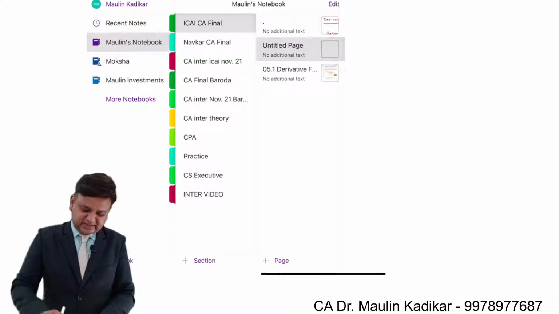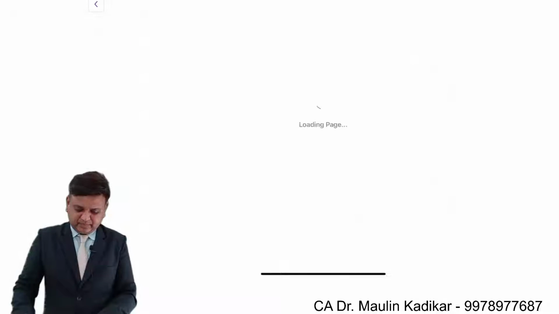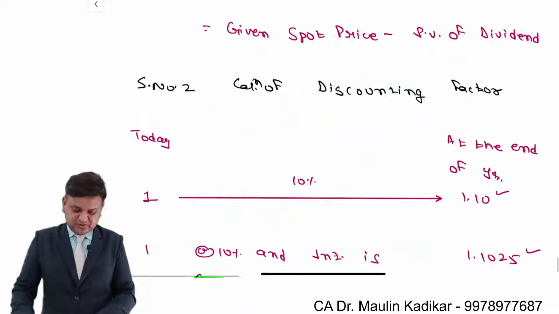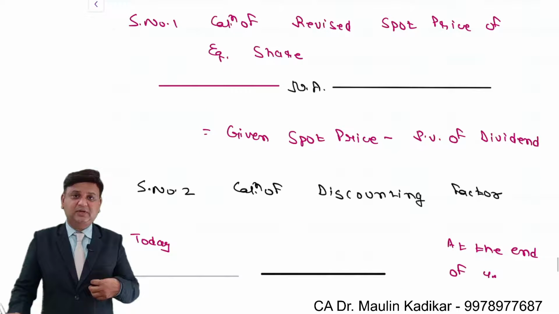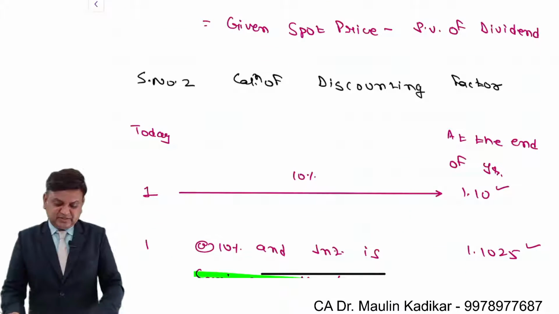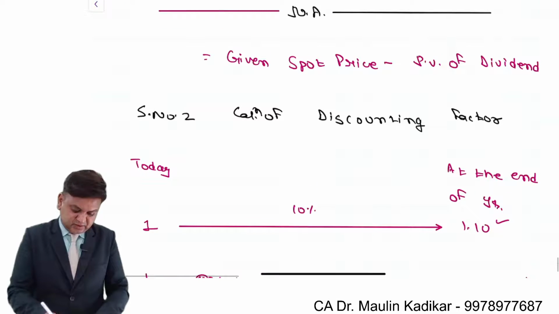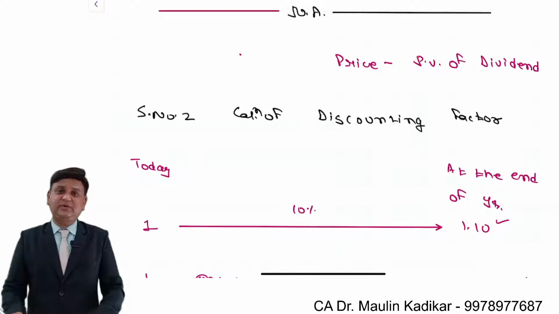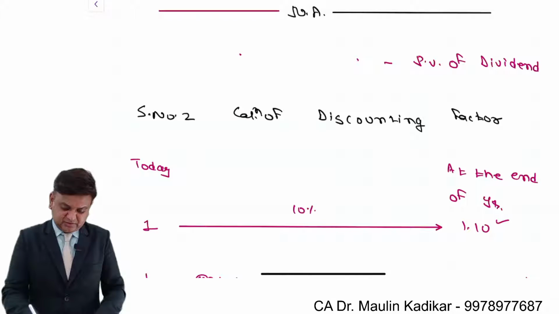So we understand that say we have done step number 1, in which we have made the calculation of the revised spot price. Now friends, in revised spot price, again you are required to make the computation using the continuous compounding/discounting factor information.